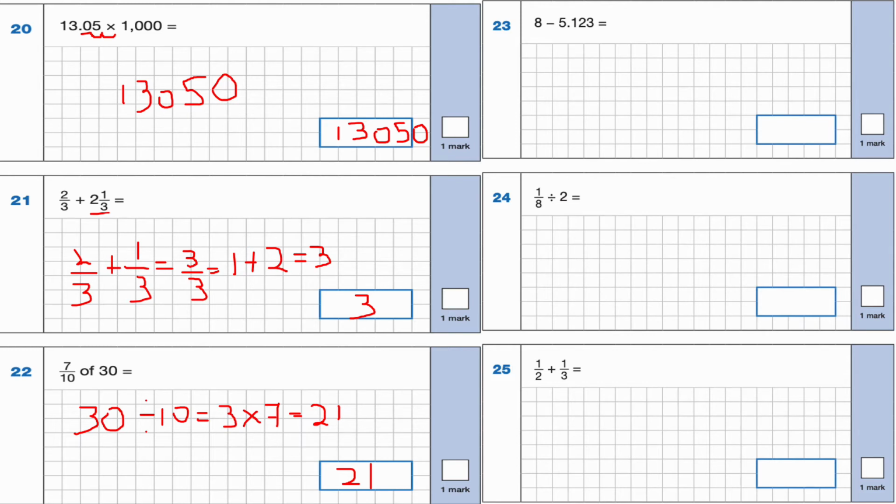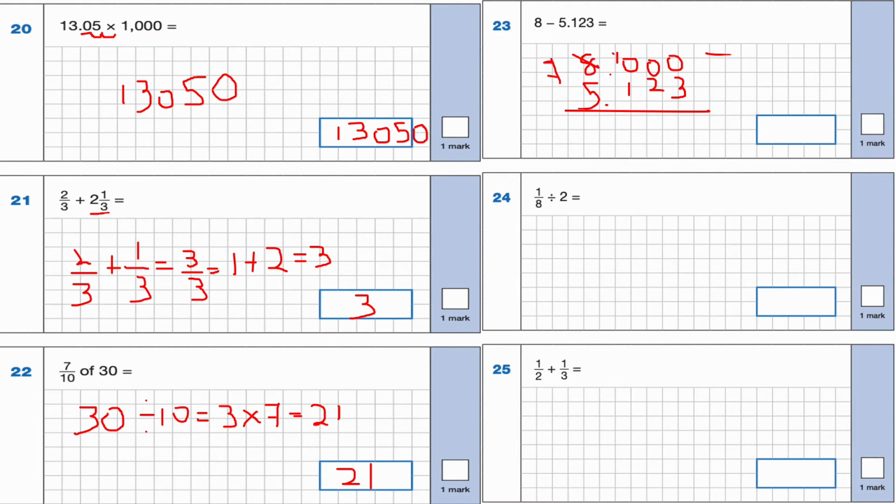Okay, this is question number 23, guys. It's subtracting decimals. So I've got 8.000 take away 5.123. Okay, so it's column subtraction. 0 take away 3 I can't do, so I have to borrow. Now I've got to borrow off here because those are zeros. So that becomes a 7.